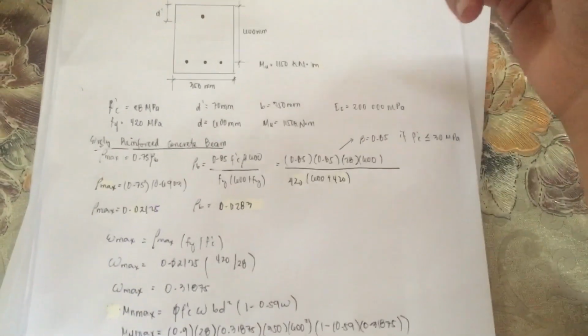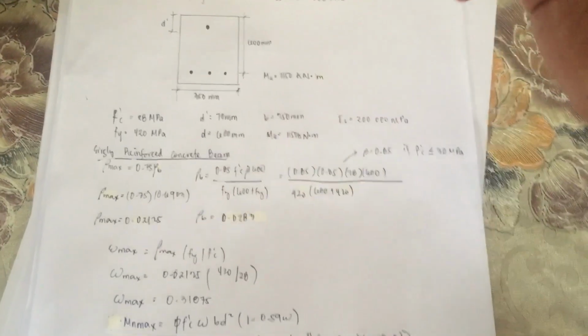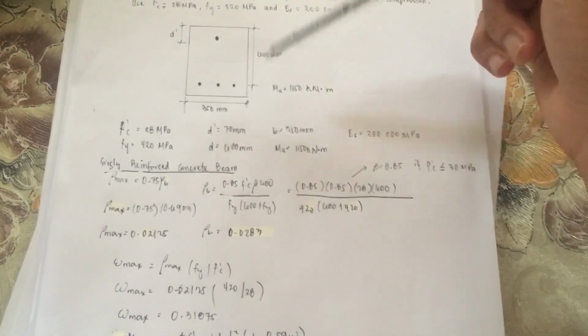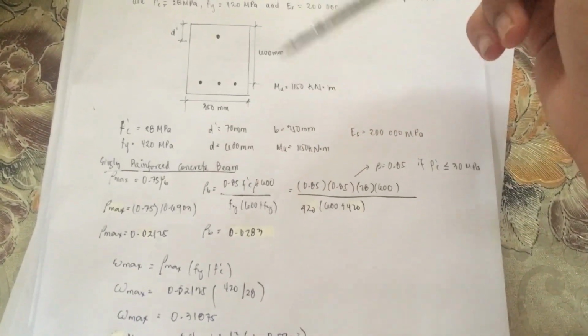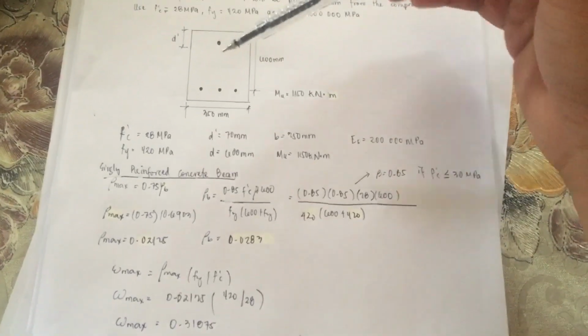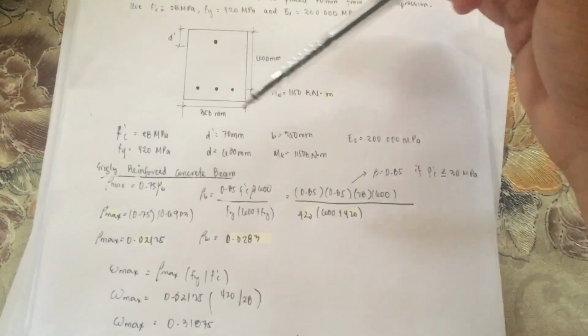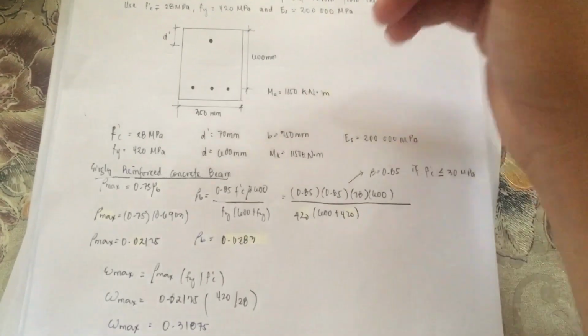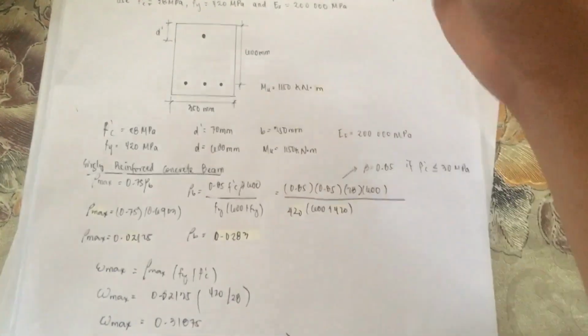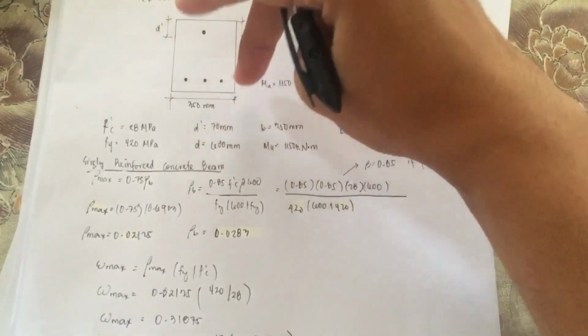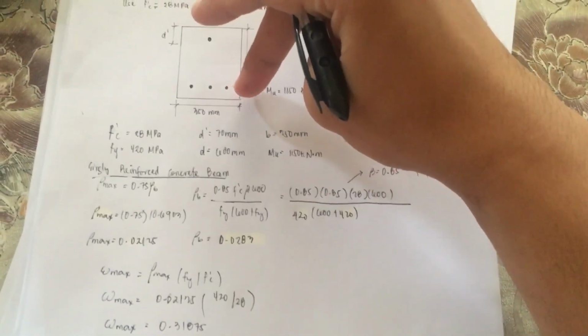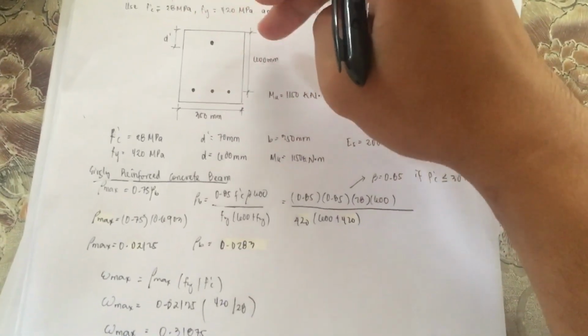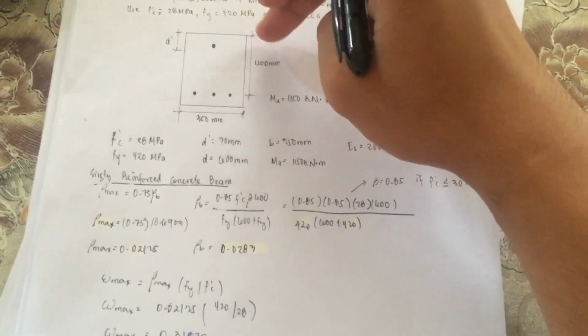So in this kind of problem, we are asked to determine the area required for this doubly reinforced concrete beam. So kung i-compare nato sa singly reinforced concrete beam, diri ara nato mabutang ato ang steel reinforcement with the effective depth of something from the extreme fiber.